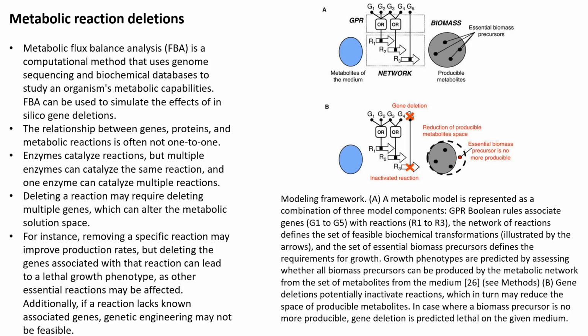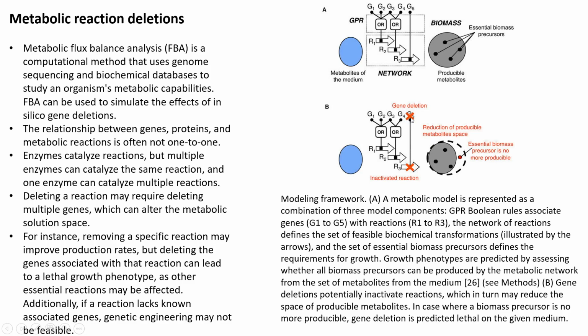Gene deletions potentially can inactivate reactions, which in turn may reduce the space of producible metabolites. So you see the previously possible feasible solution space is coming down after you delete this gene.